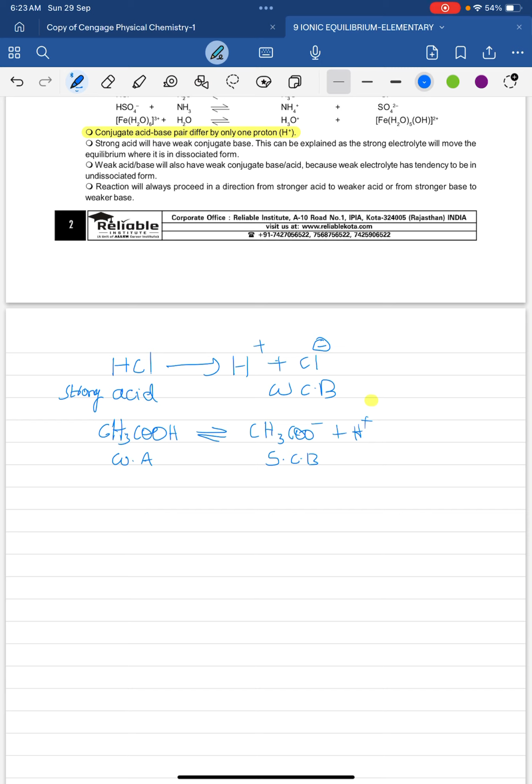So it is vice versa. If weak base, the corresponding one is a strong conjugate acid, and strong base, the corresponding one is a weak conjugate acid.